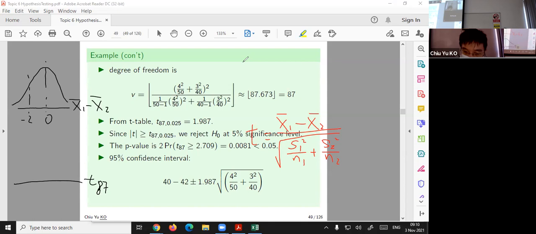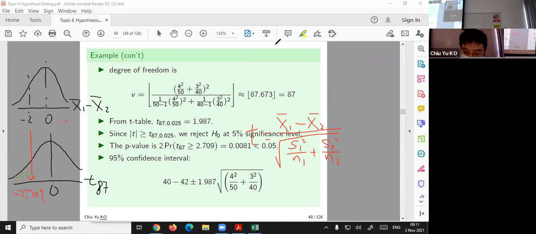Before, it only depended on sample size, but now you have to do a calculation. Nevertheless, the mean is also 0 here, and the data converts to -2.709. Again, you either do the critical value method or the p-value method.